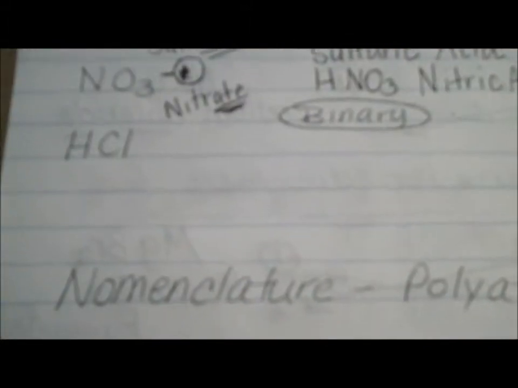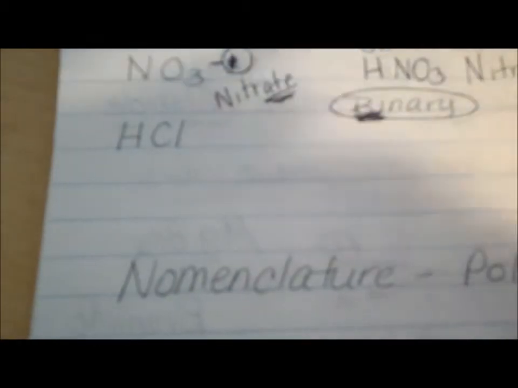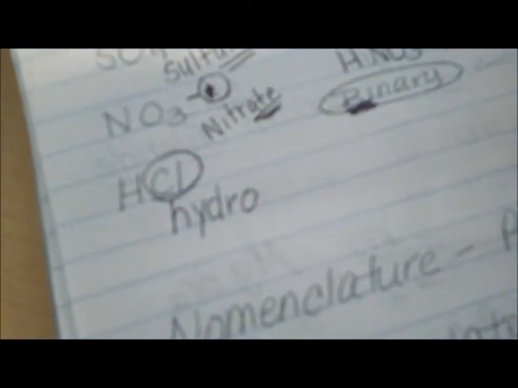Now let's look at a binary. Binary, like a bicycle, has 2 wheels. Binary, as our compound, has 2 elements. Now it's going to be different than our oxyacid. Our binary is going to have the prefix hydro. We'll take a look at what we have is chlorine, but it's not going to be hydrogen chloride.